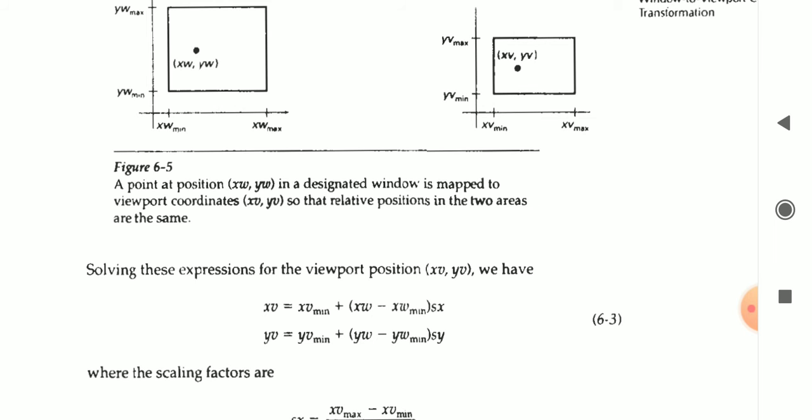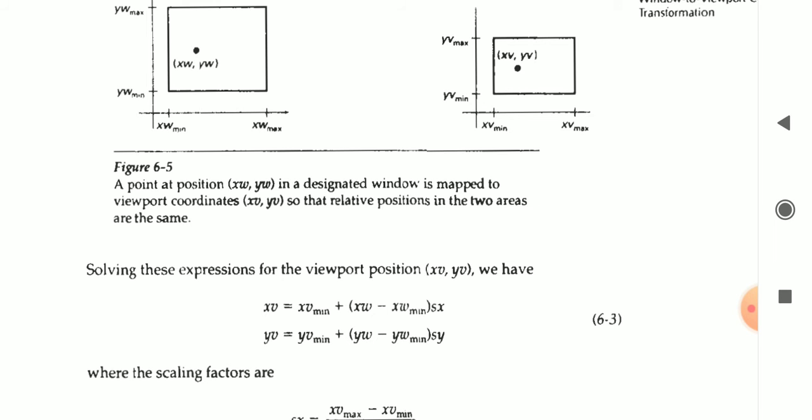We are calculating the x side as well as the y side. So yv equals yv min plus the difference multiplied with the scaling factor on y. It has to be scaled because the point is big on the left hand side and it should be scaled down and drawn on the right hand side viewport.